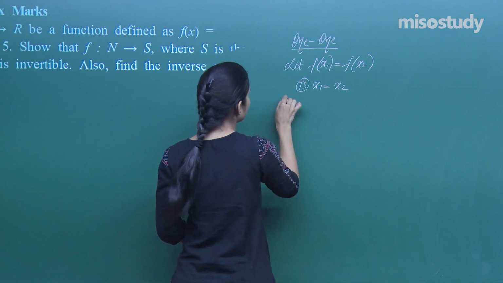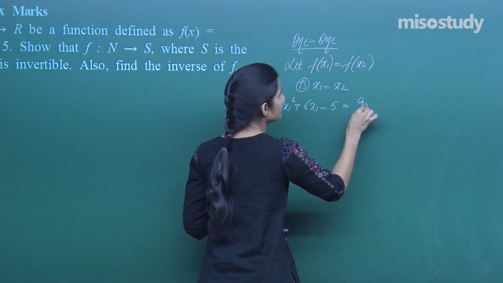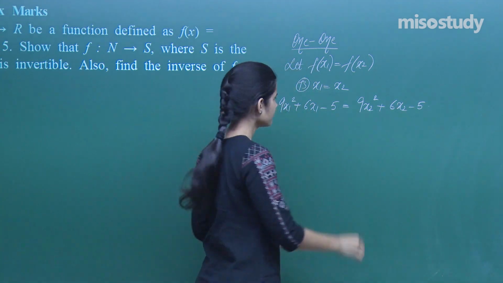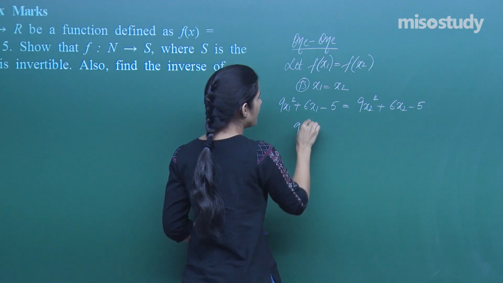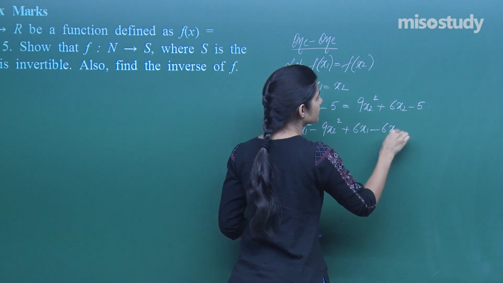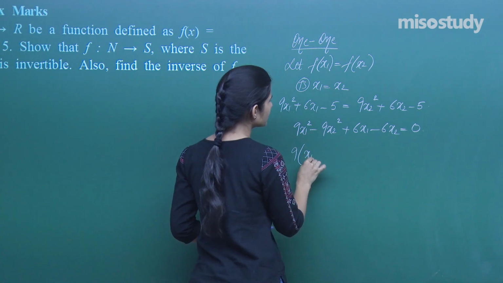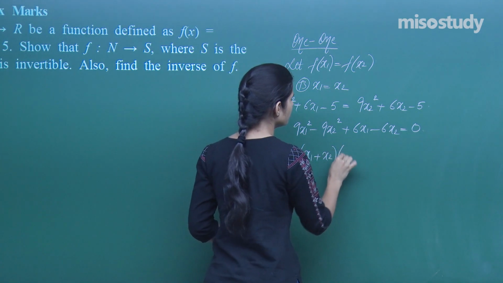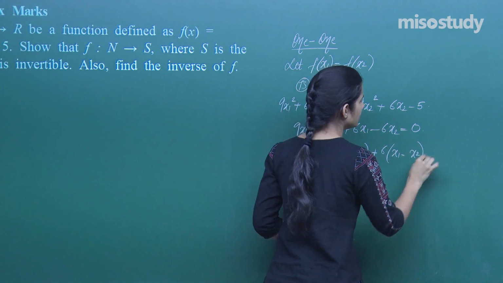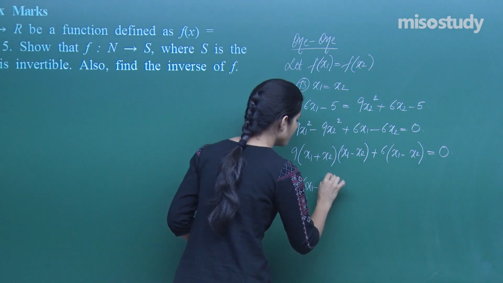f of x1 will be 9x1 square plus 6x1 minus 5. This will be 9x2 square plus 6x2 minus 5. Minus 5 cancels out. 9x1 square minus 9x2 square plus 6x1 minus 6x2 equals minus 5 plus 5, that is 0. 9 common, x1 square minus x2 square, so this is (x1 plus x2) into (x1 minus x2), plus 6 into (x1 minus x2) equals 0. x1 minus x2 is common.